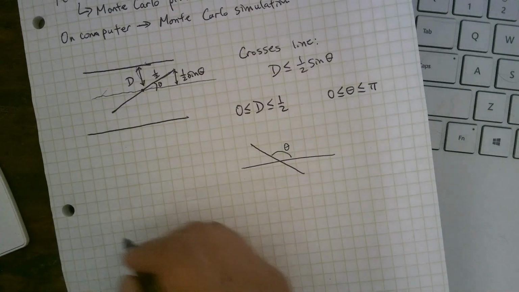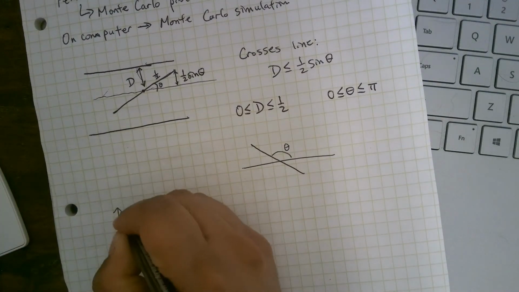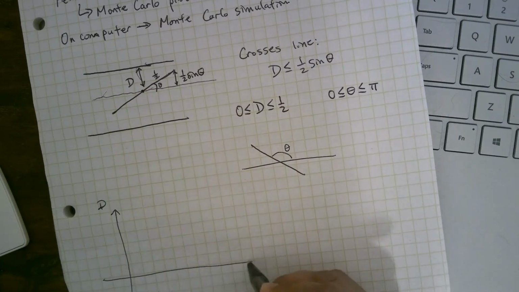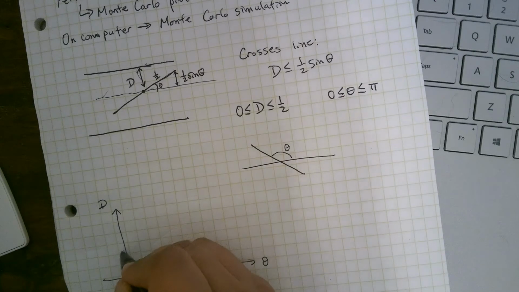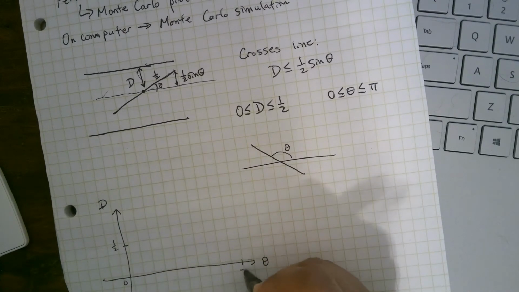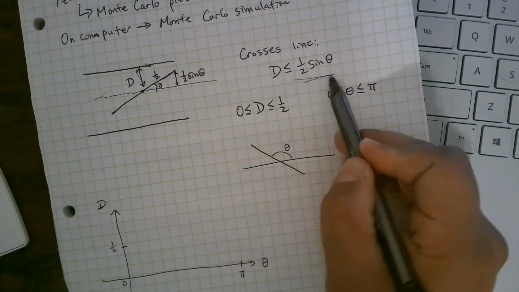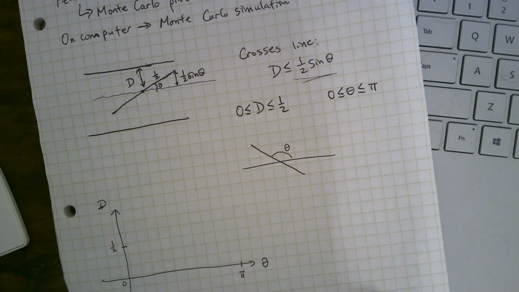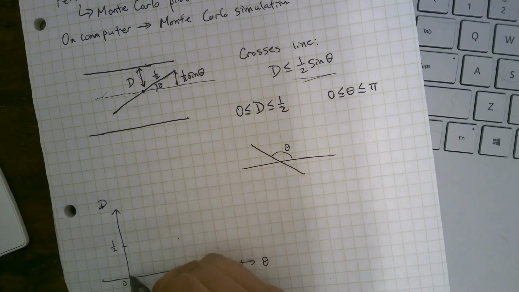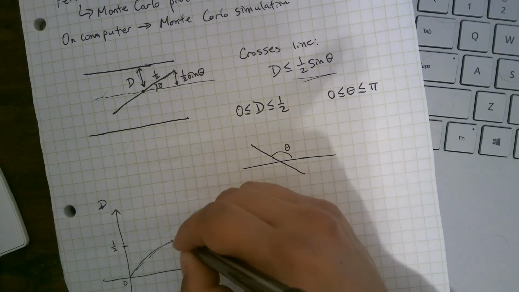Okay, so then we can graph this. We'll call this the D-axis and the theta axis. D goes from 0 to 1/2. Theta goes from 0 to pi. And then we want to graph this inequality. So here's D equals 1/2 sine theta. Here's about pi over 2. The sine curve looks kind of like this.